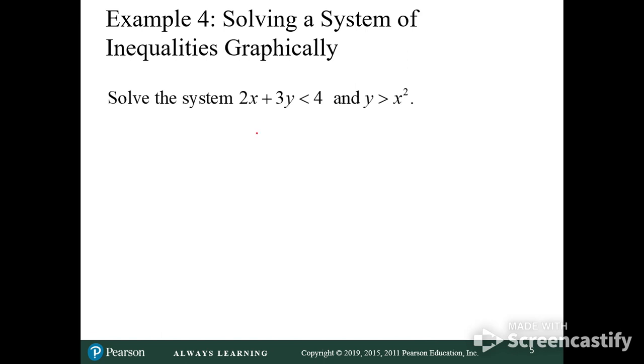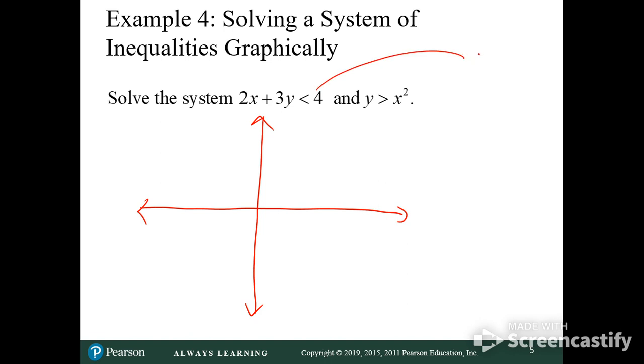All right, now we have a system of inequalities where there are 2 of them. So let's go ahead and graph these. Are either of these dashed lines? Both of them are dashed lines. Thank you very much. All right, so I'm going to get this one and x, y.